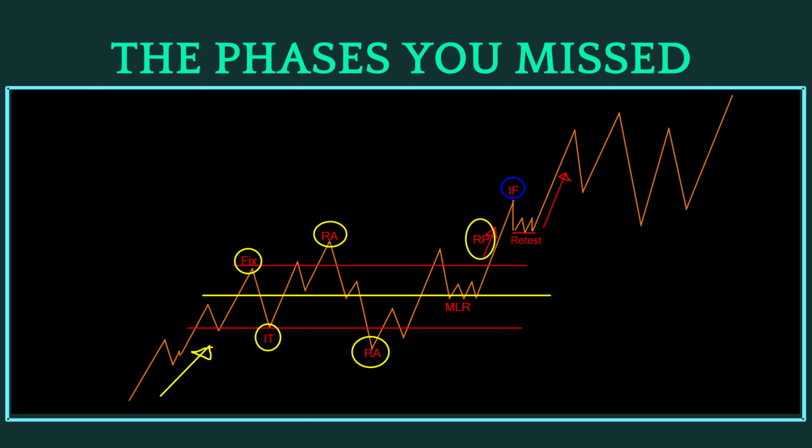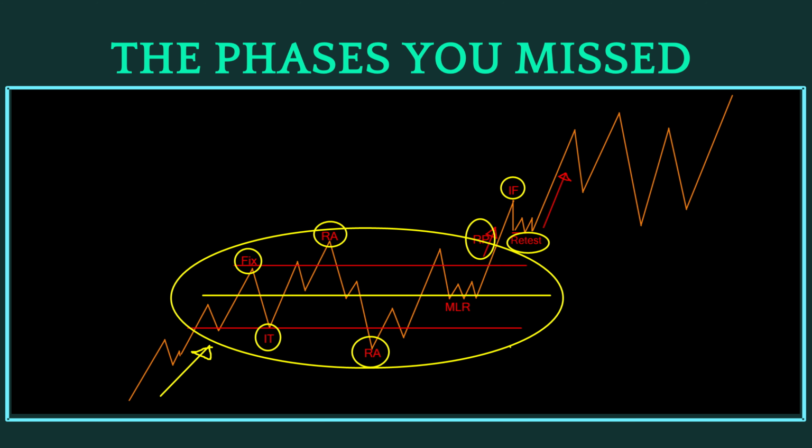No need to overcomplicate everything or overthink about it. Then we see retest and then move continuation. So this whole thing is a balance, okay? And this is the first phase.